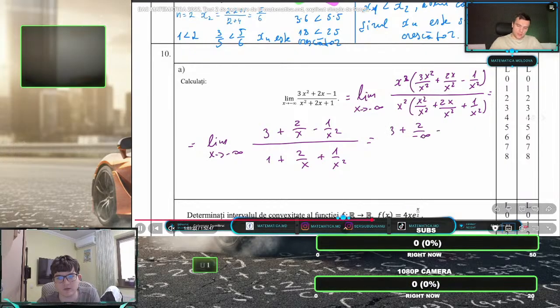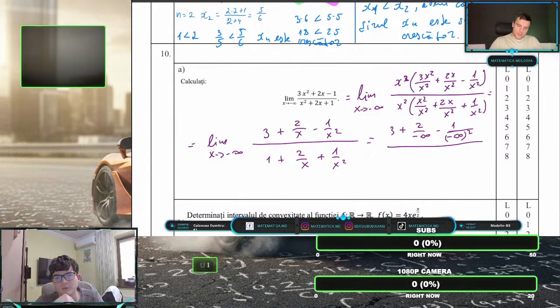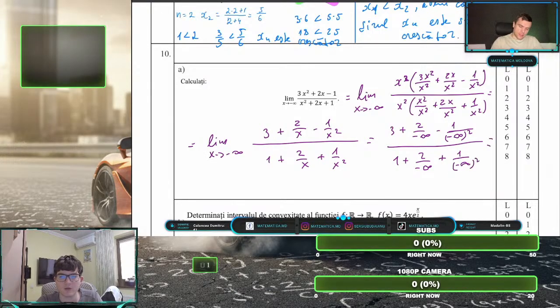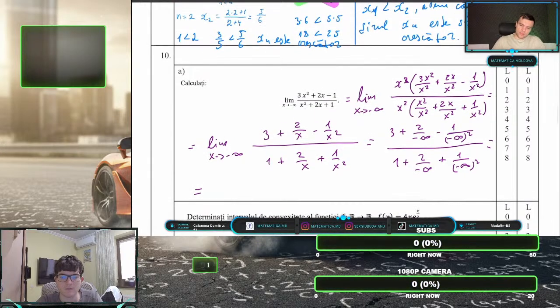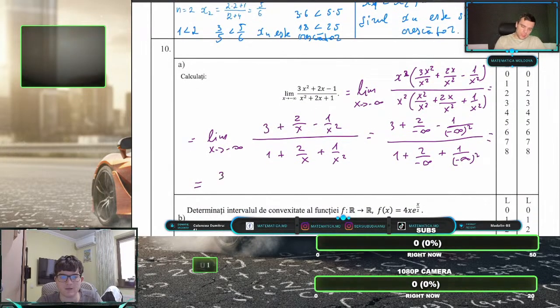Yes, amazing. Now we just put a minus infinite right there. Basically plug in our limit. So we are plugging in the limit right now. And in essence, we have received there what?